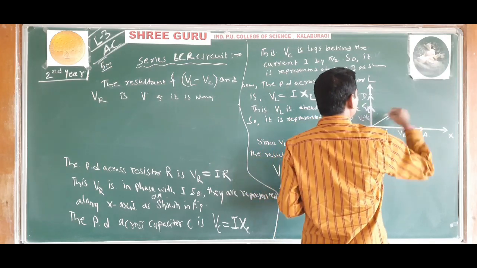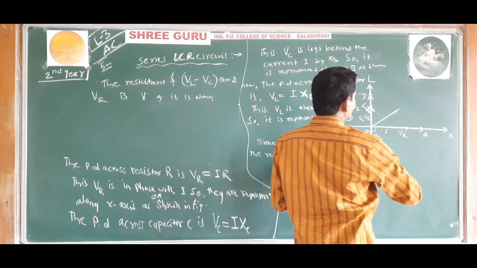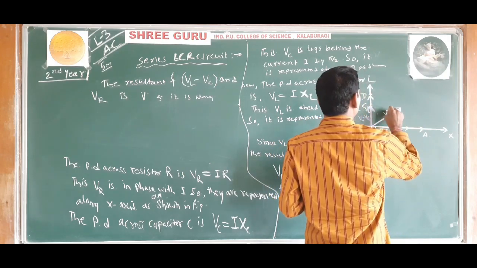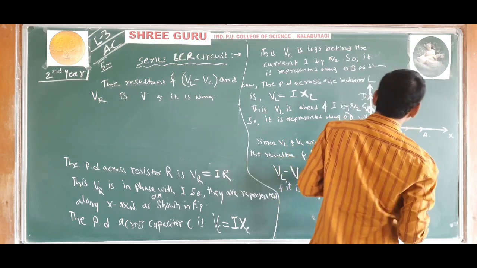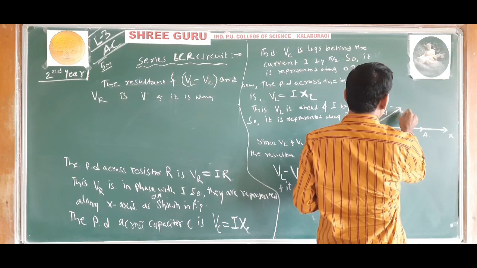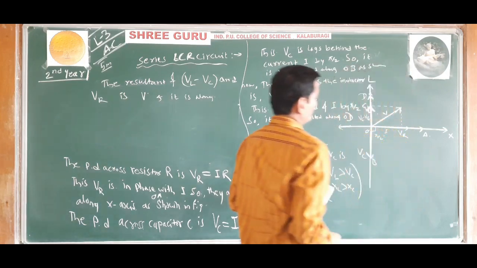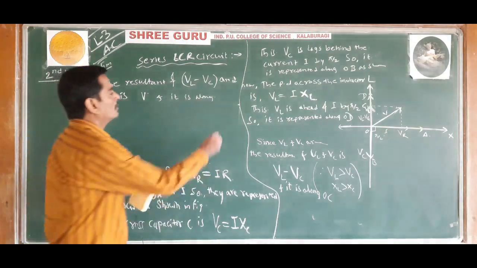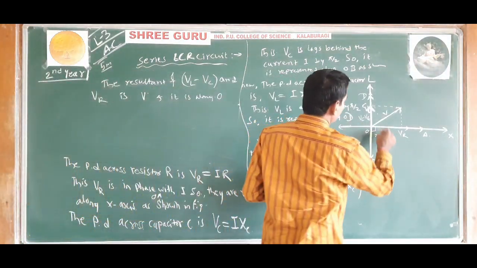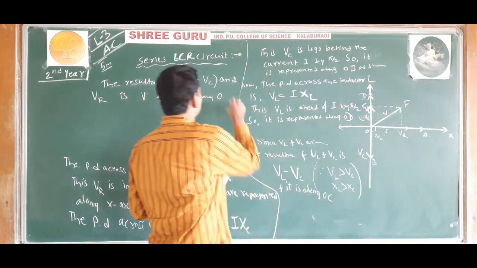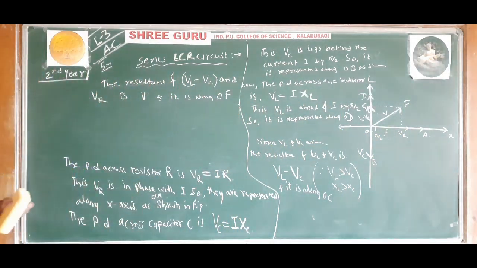The resultant of two vectors, that is two phasors, will be in between them, that is V. So this is the resultant, and it is along OF.